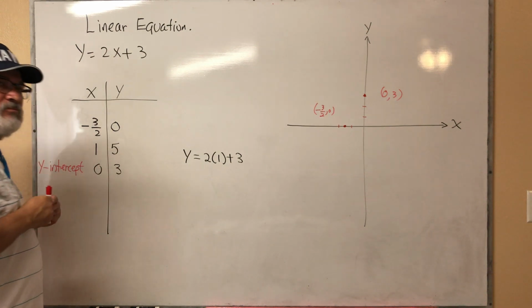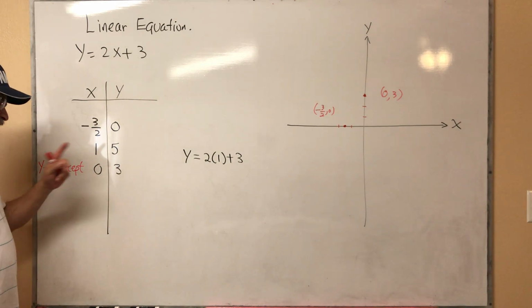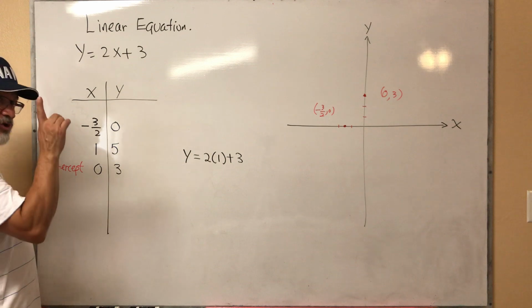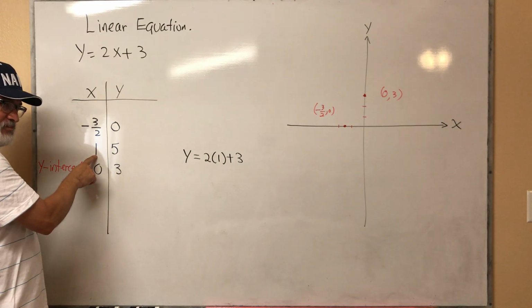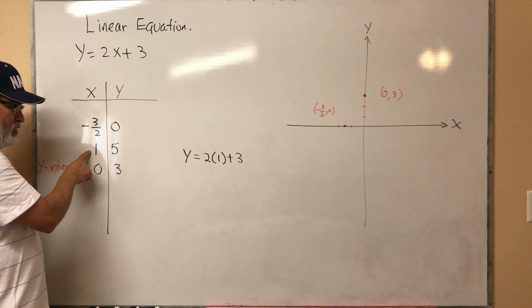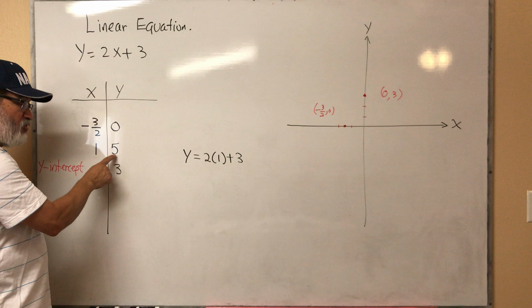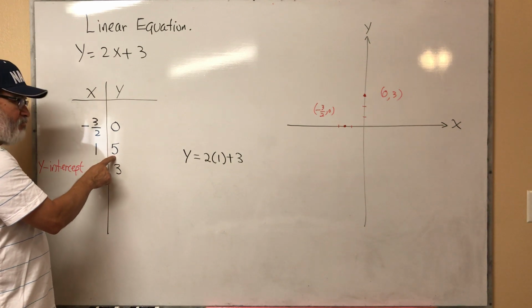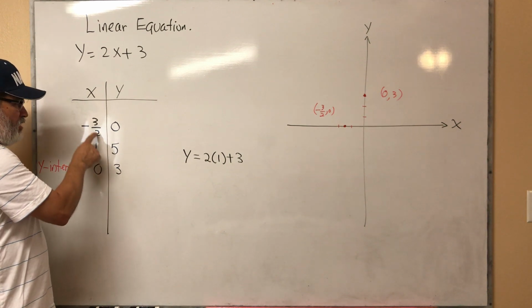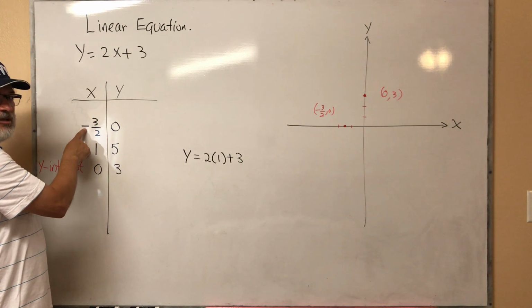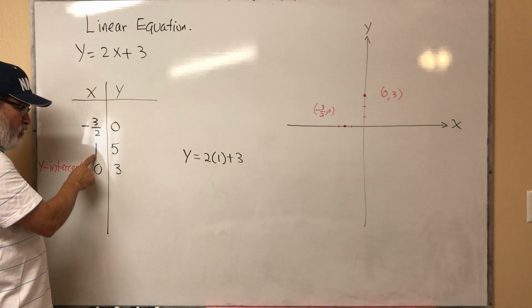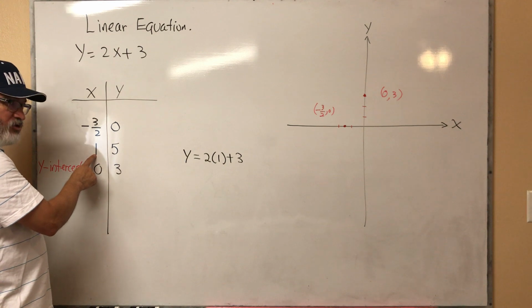Find this point. Note, you move 1 to the right because it's positive. You move 5 up because it's positive. Here you move 1.5 to the left horizontally, but here you move 1 horizontally to the right.